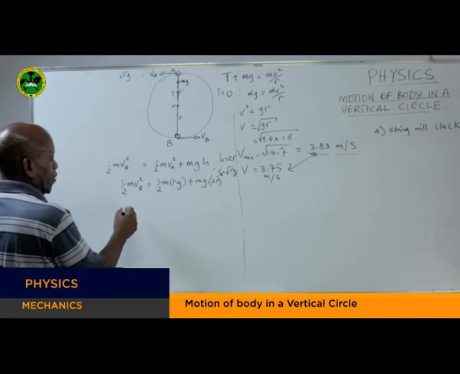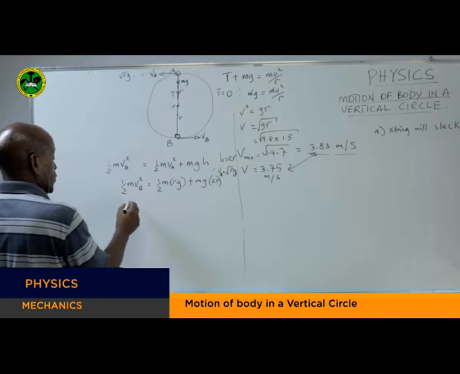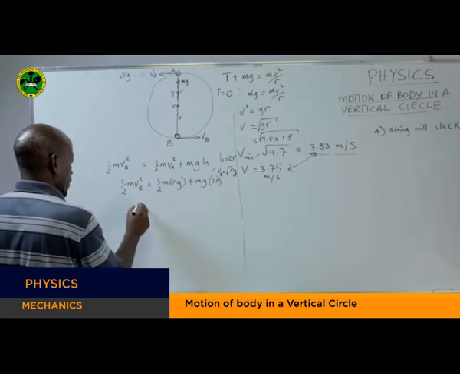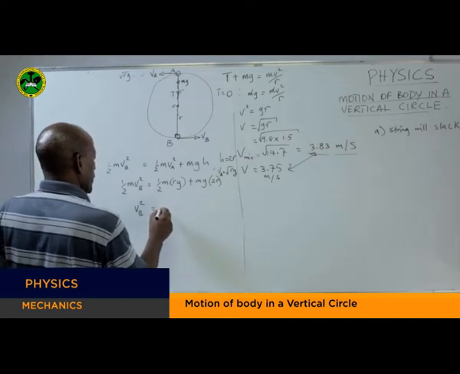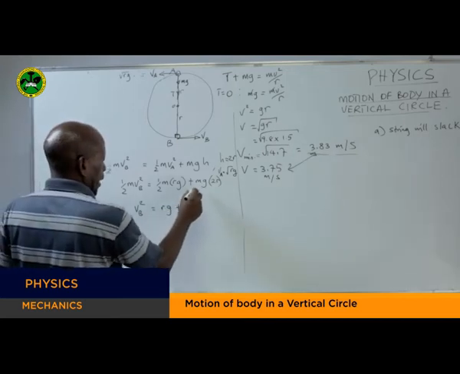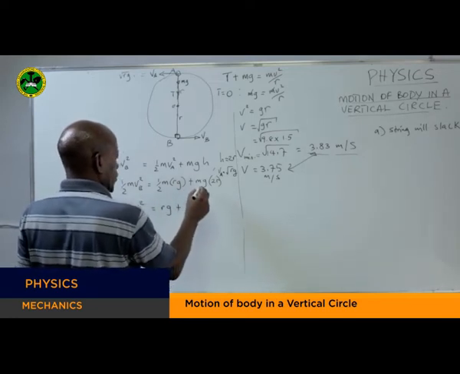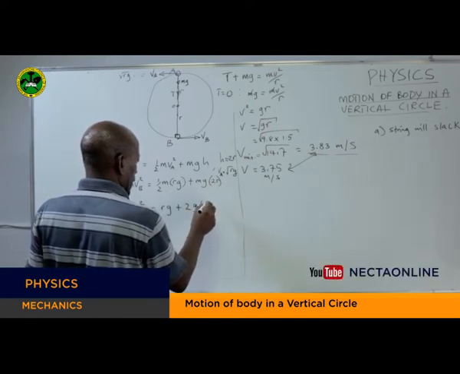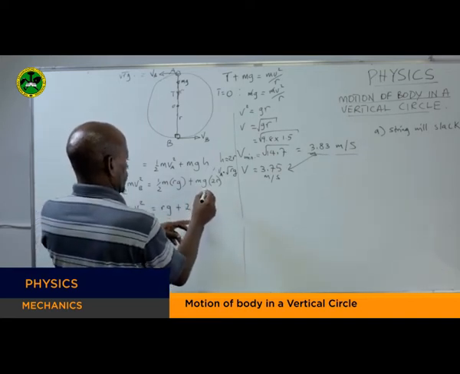If we divide by m throughout and multiply by 2, the 2 goes and m goes, so I remain with vb squared equal to rg plus 2 times g times 2r.